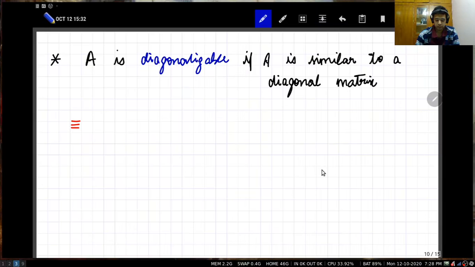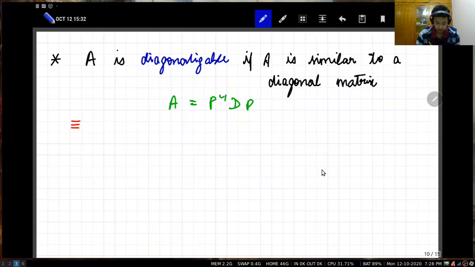So we say that A is diagonalizable if A is similar to a diagonal matrix. In other words, there exists an invertible matrix P such that A can be written as P inverse DP for some diagonal matrix D. Right? And what does this basically mean?